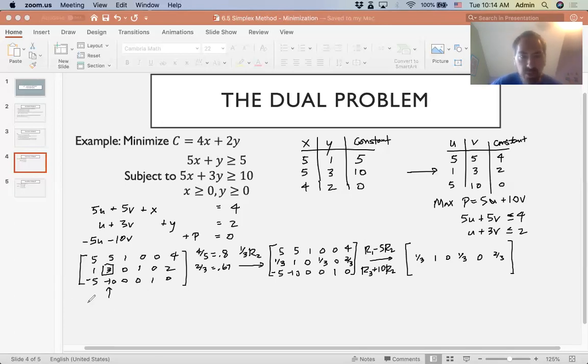Okay, so row 1 minus 5 times row 2. Let's see what that's going to be. Here's row 1, and here is negative 5 times row 2: negative 5/3, negative 5, 0, negative 5/3, 0, and negative 10/3.